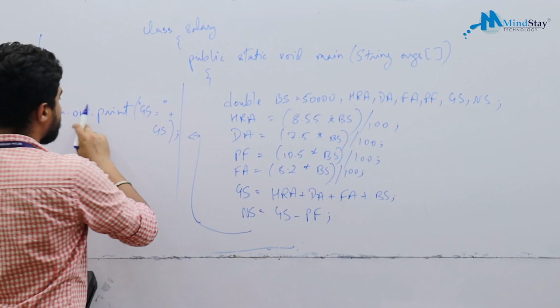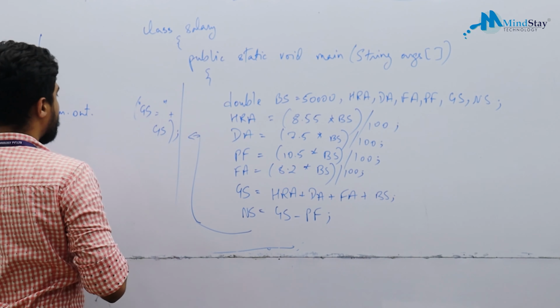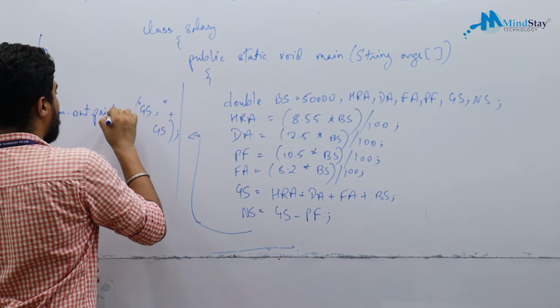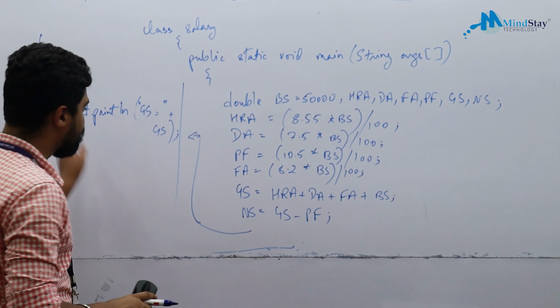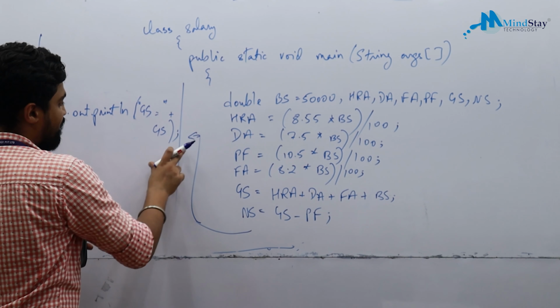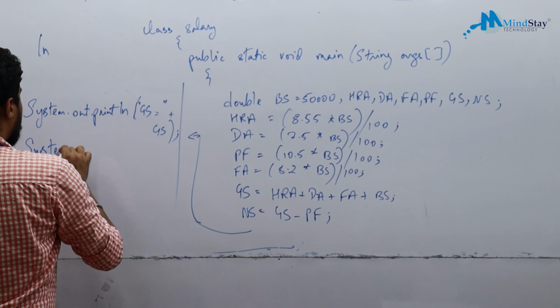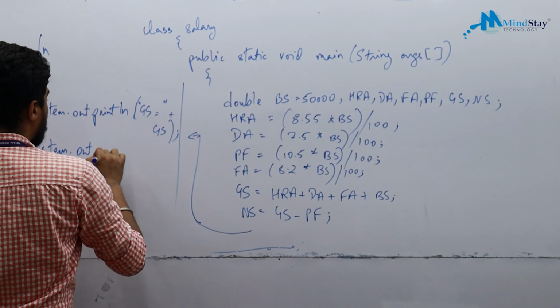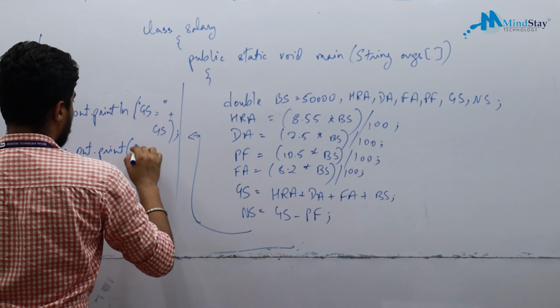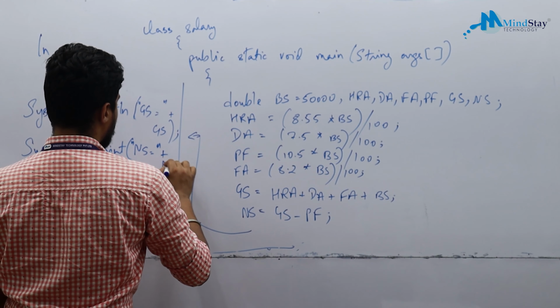After your system.out.print, all you need to do is write print ln all together. So if you write print ln, this will first print this and then create a new line. So once it creates the new line, I can go down and I can print my net salary. Net salary is equals to plus ns.